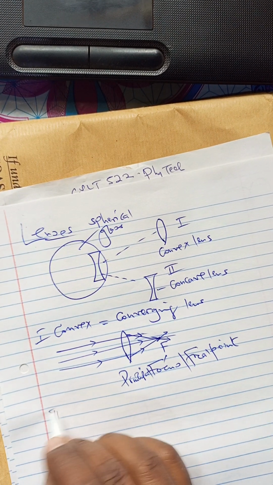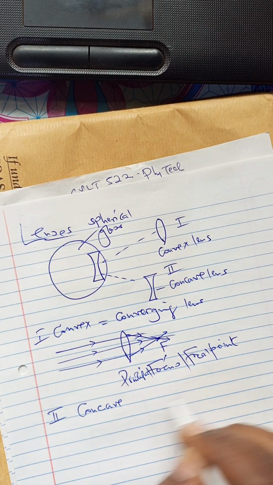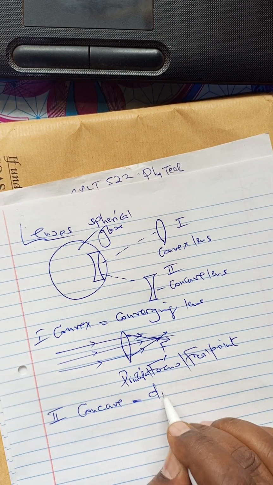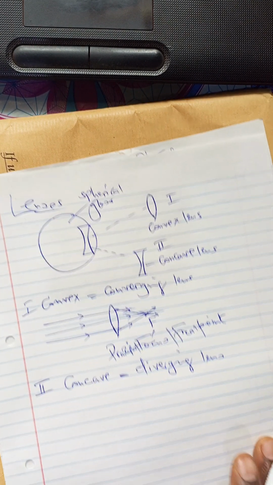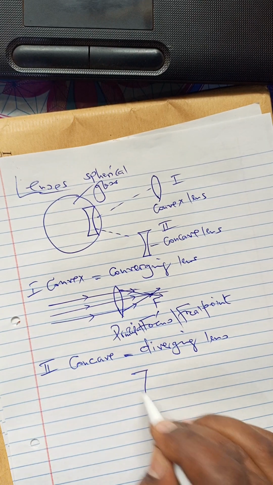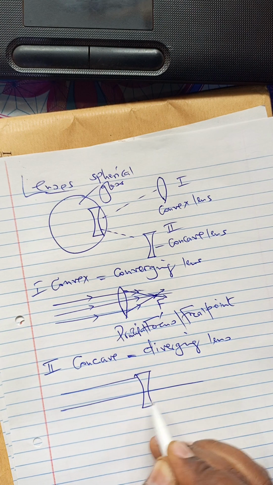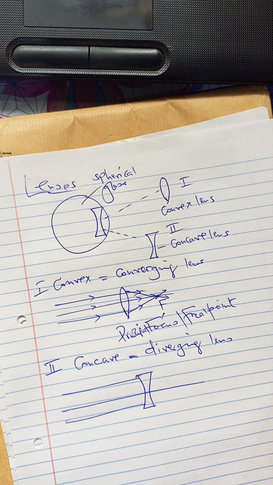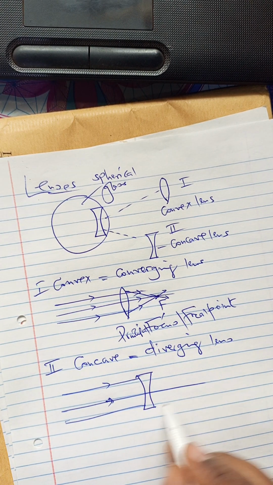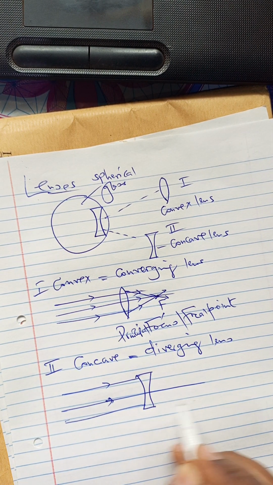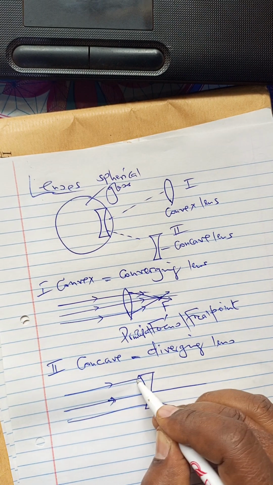Now, on the other hand, the concave lens is also called diverging. Why diverging? It is because when rays of light, consider just 3 rays to represent all the rays that are parallel, pass through the lens, they spread outwards.